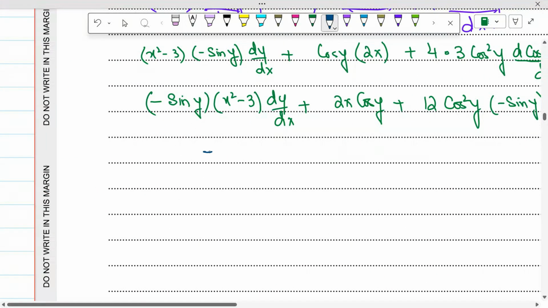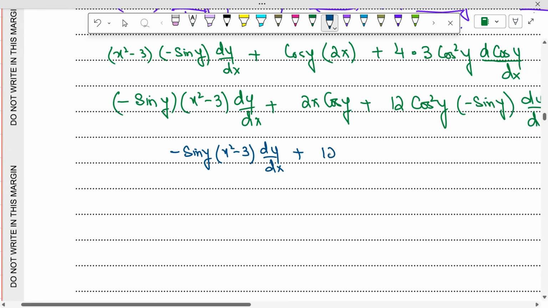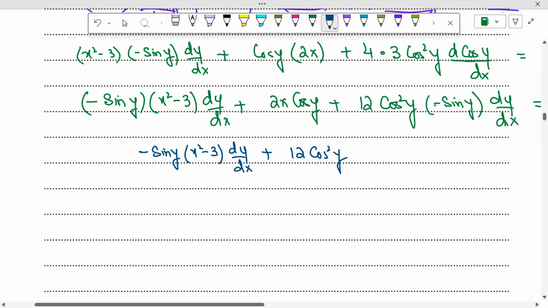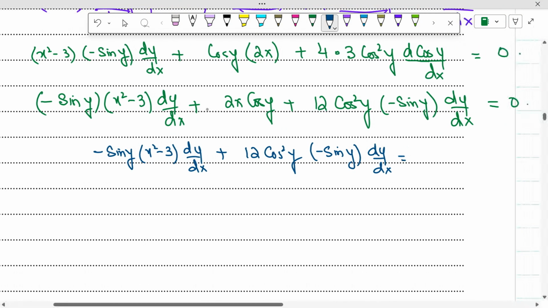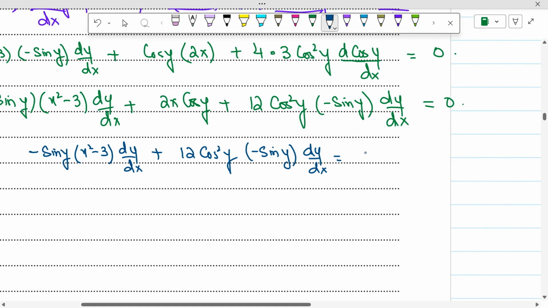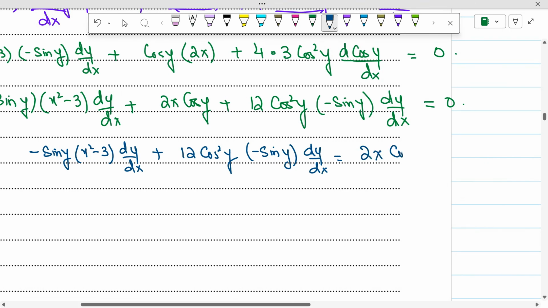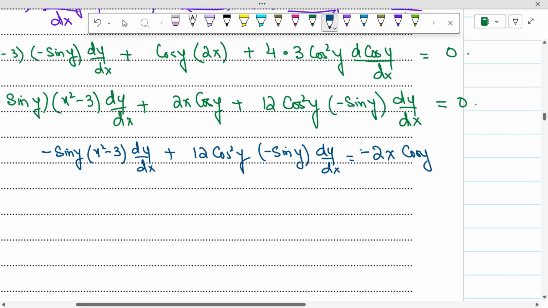Now negative sin y times (x² − 3) times dy/dx, plus 12 cos² y times negative sin y dy/dx, is equal to, when we move the middle term to the right side, negative 2x cos y.